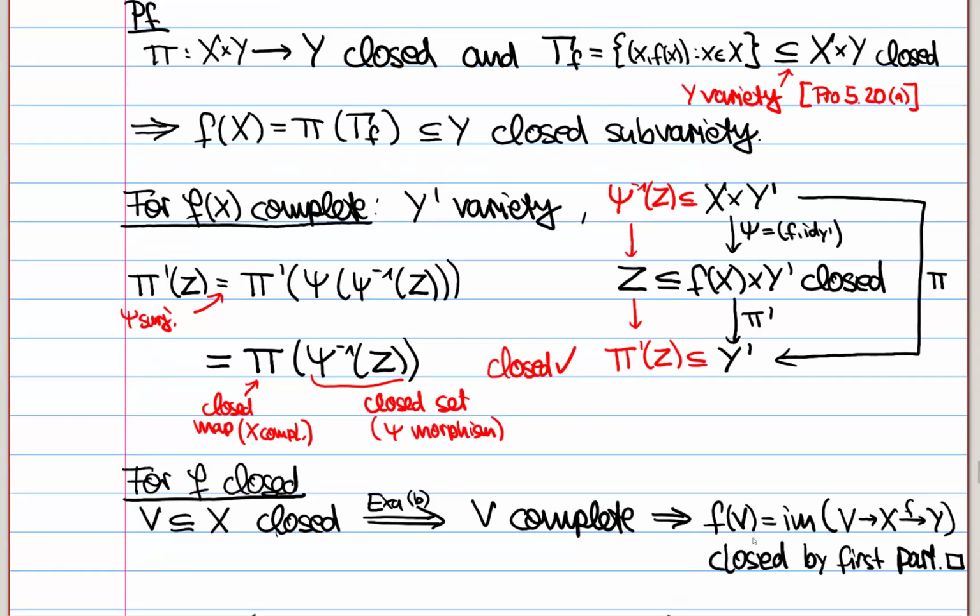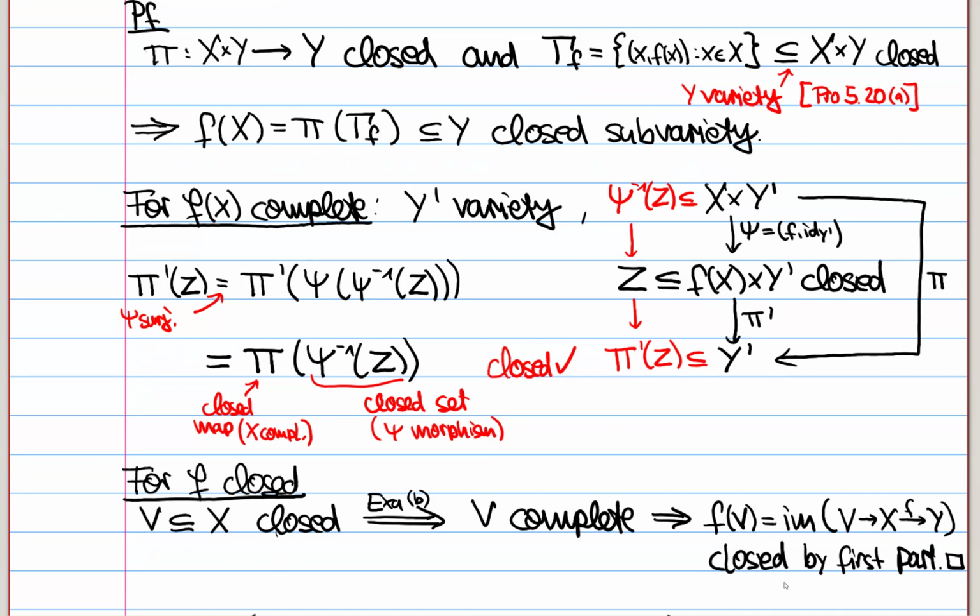And then F(V) is the image of this composition: first you take the closed embedding of V inside X, and then you take the map from X to Y given by F. But the domain of this composition, this V, is a complete set. And so the image of something complete is always closed by the first part, which we proved here. So F(V) is also closed, and so we have completed the proof.